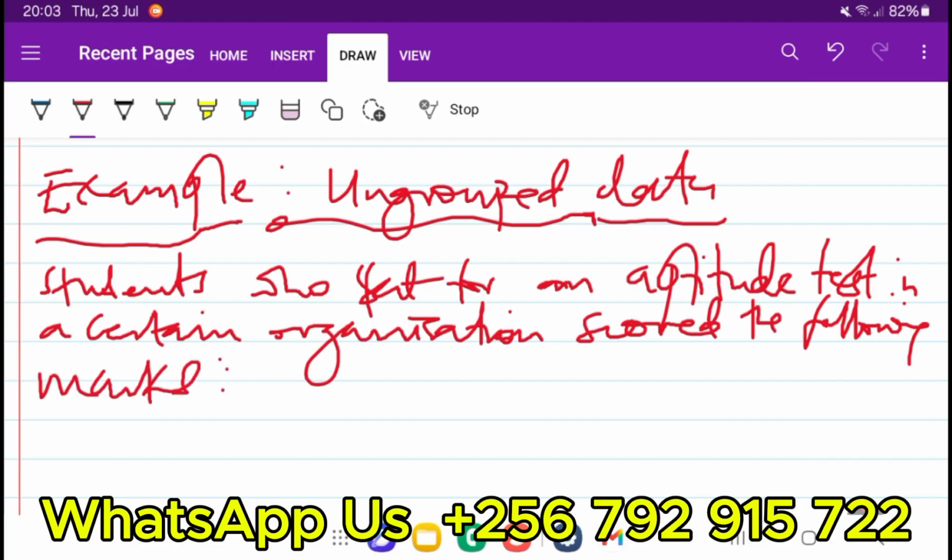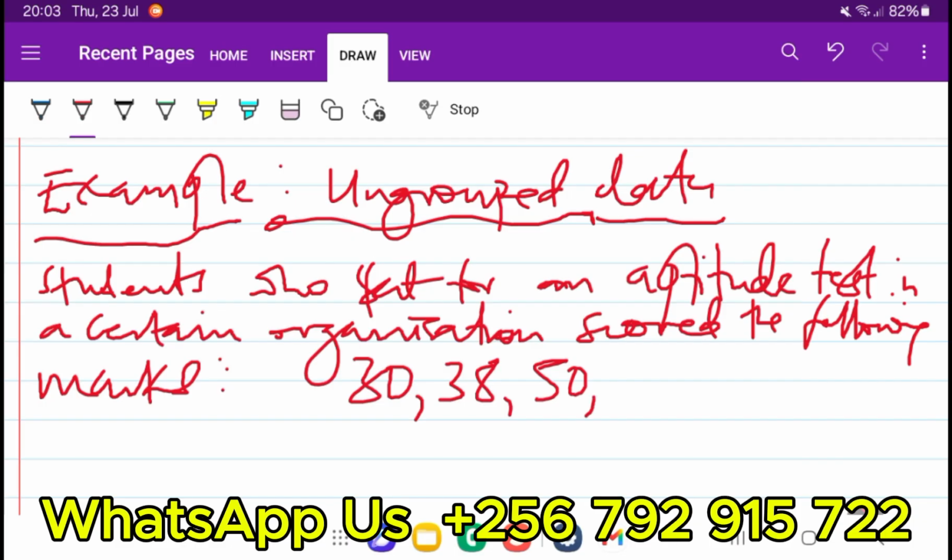The marks are 30, 38, 50, 22, 40, 25, and then 60.